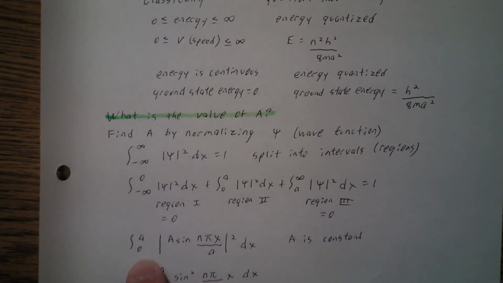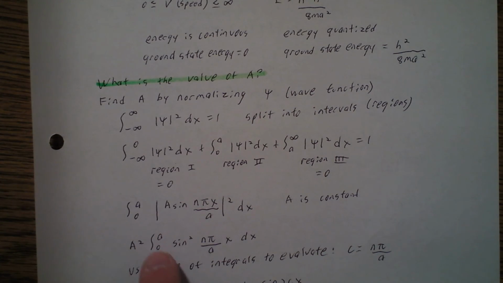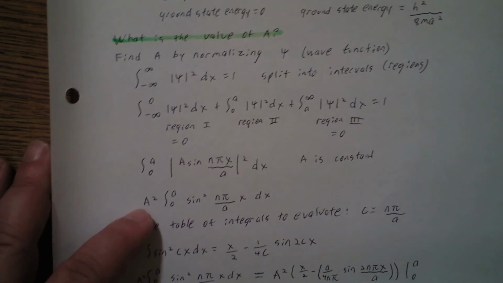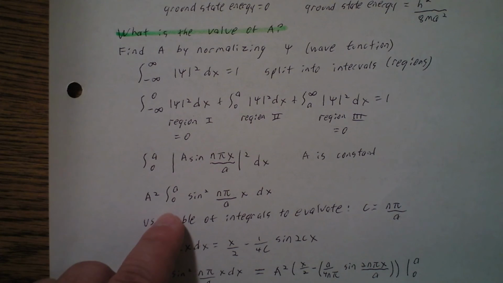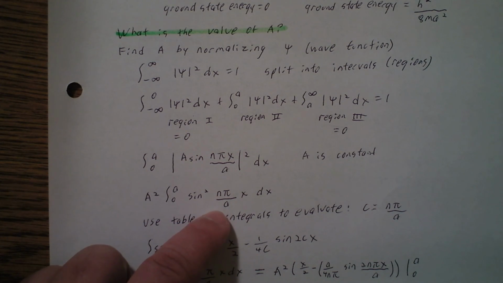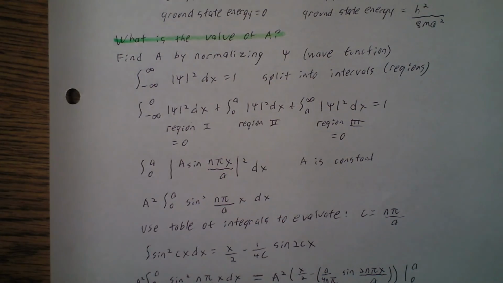So we get the integral from 0 to a of this whole absolute value, A sine n pi x over a, squared dx. Remember, A is constant. So we get A squared times the integral from 0 to a of sine squared of n pi over a x with respect to x.